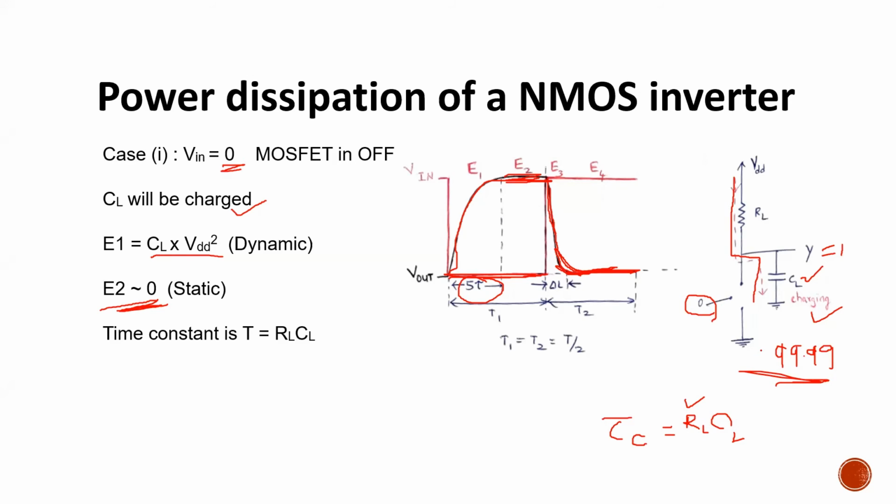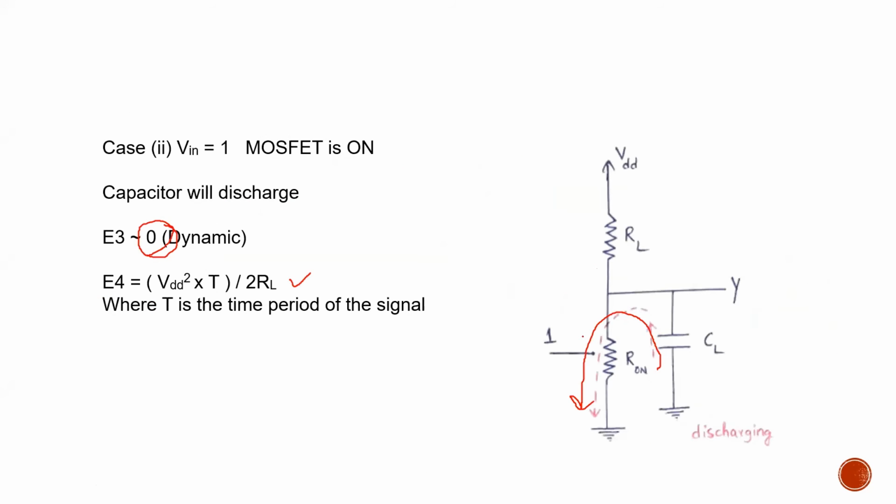Hence the charging time constant is more. But during the discharge period, the discharging time constant is Ron CL, where the Ron value is comparatively less. I'm not saying it is very less, but compared with RL, it is very less. Hence, I can say, guys, the charging time constant is very much greater than the discharging time constant.